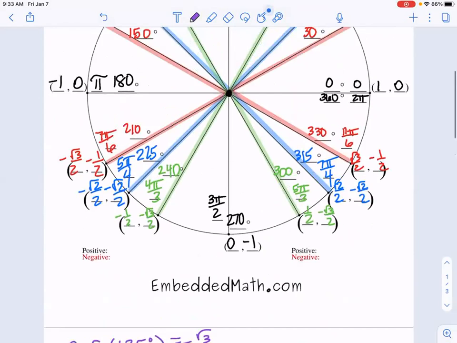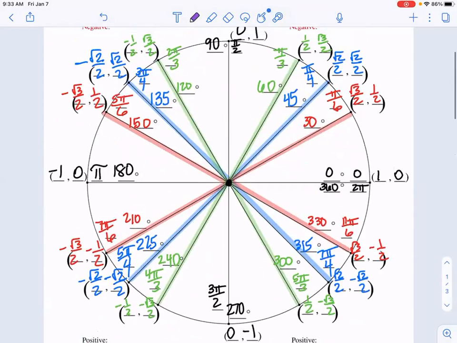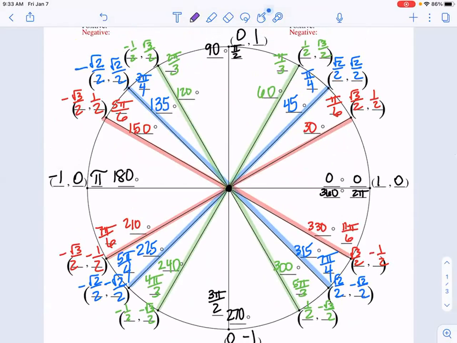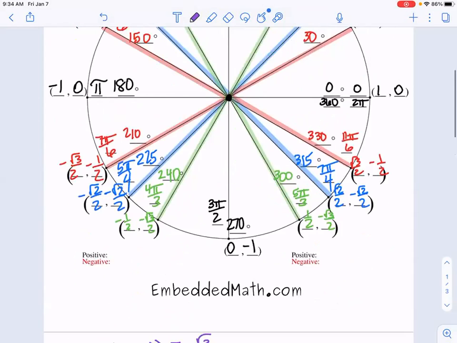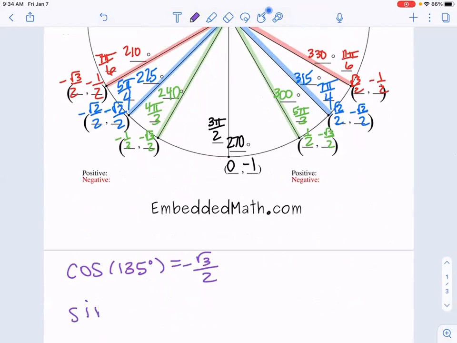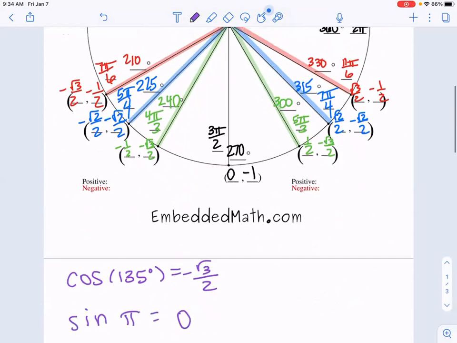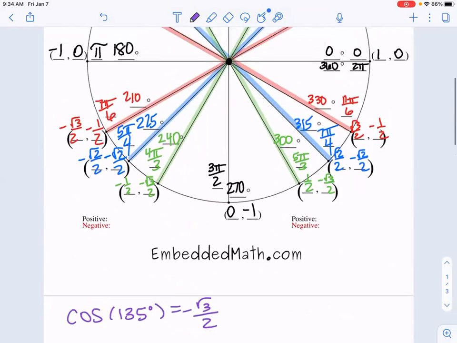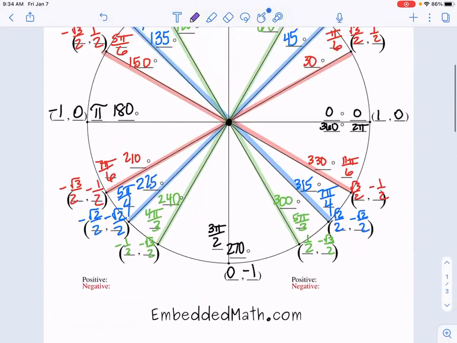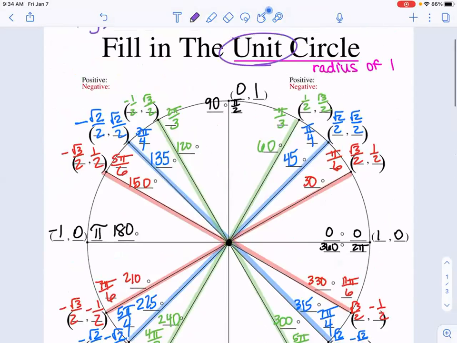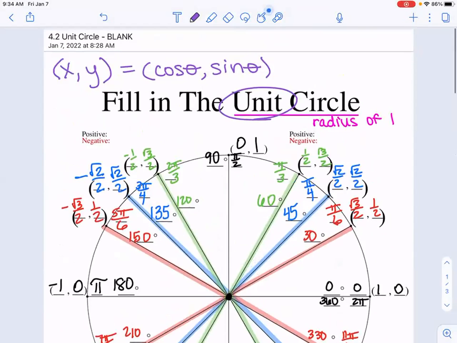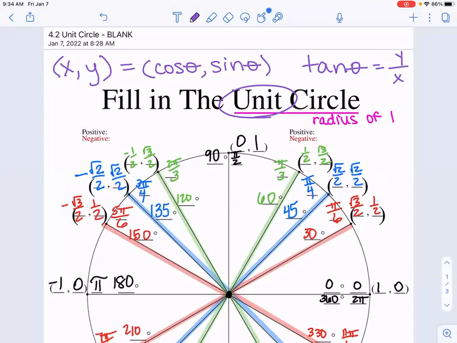We know that the sine of pi is our y coordinate, 0. Okay. Now, well, that helps us with sine and cosine. What about tangent? Well, the tangent of theta is going to be our y over x coordinate.